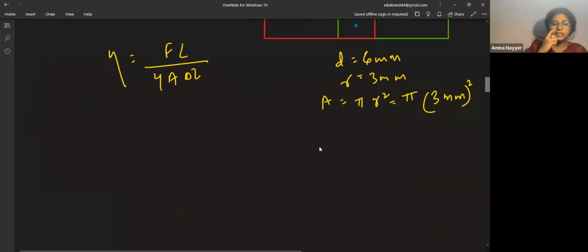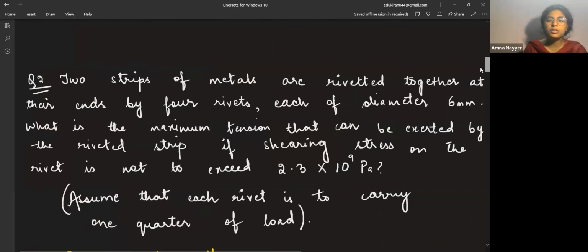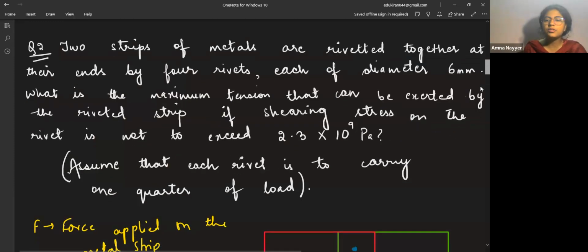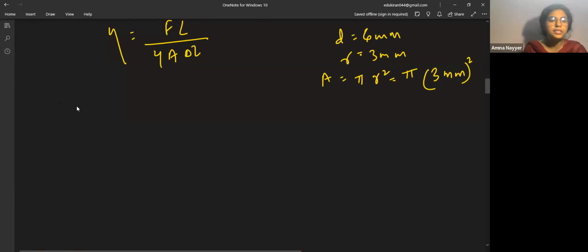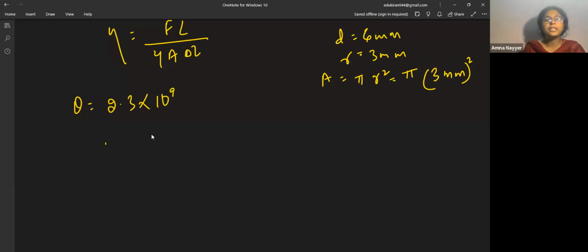Shearing stress is already mentioned. Shearing stress is already given as 2.3 into 10 to the power 9. This is shearing stress. Now see, eta is equal to FL divided by 4A delta L.